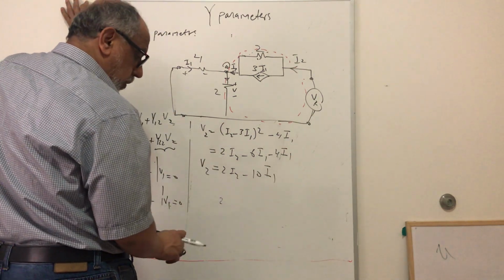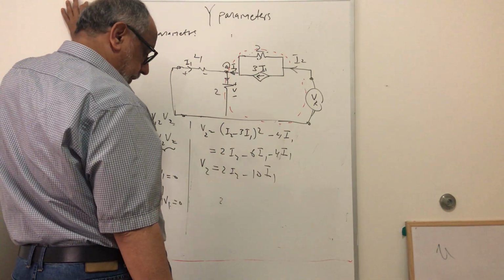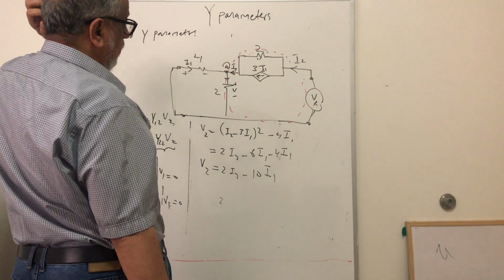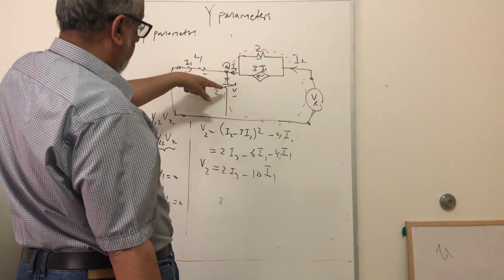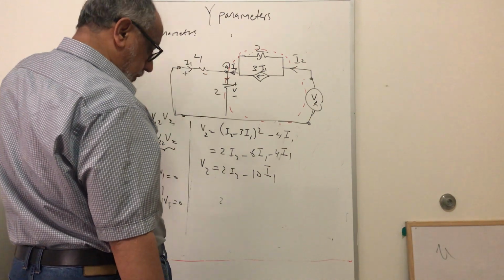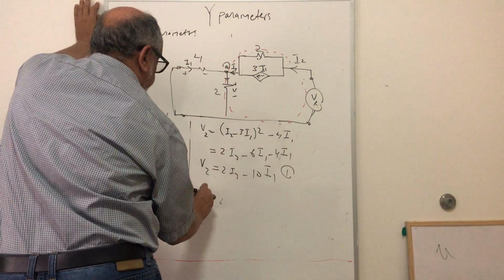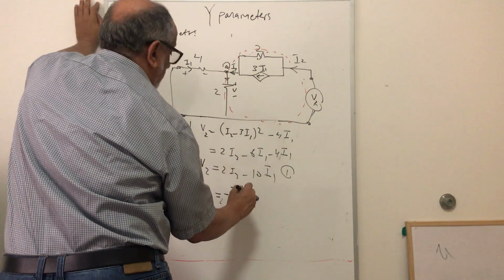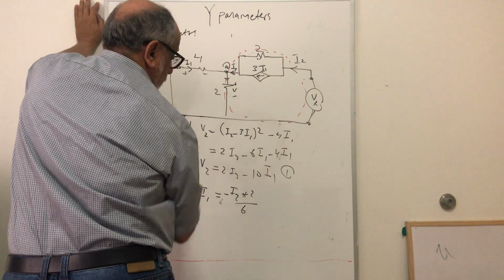So we have to find I1 in terms of I2, as you can see here. We can find I2 in terms of I1. So I1 equal to minus I2 using the current divider rule. Minus I2 into 2, that is the resistor, over the sum, which is 4 plus 2, 6.